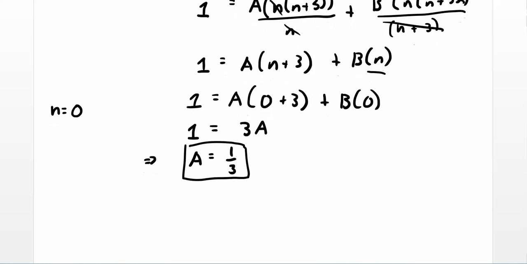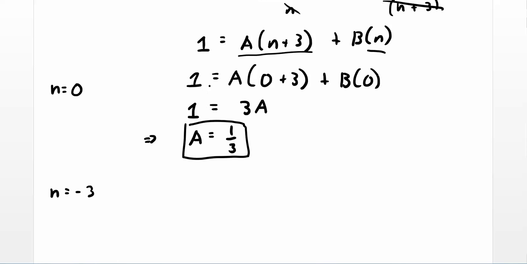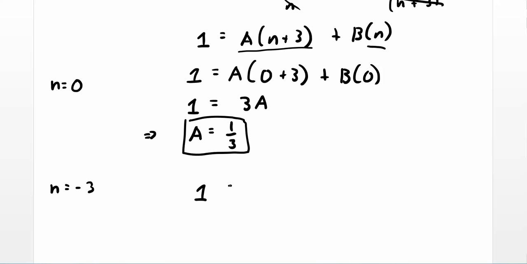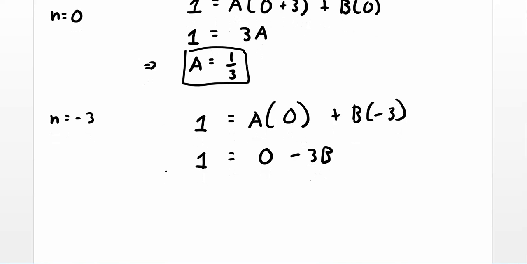Alright, choose another convenient value. Maybe n equals -3. I'm picking n equals -3 because that's going to make this term drop out now. So I get 1 equals a times 0 plus b times -3. Simplify this a bit: 1 equals 0 minus 3b, which of course implies b equals -1/3.